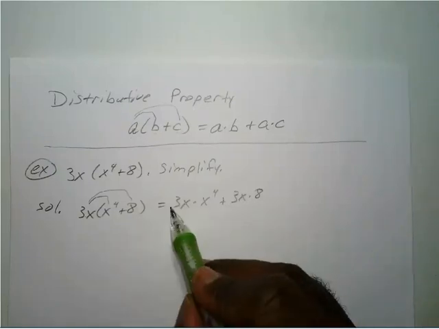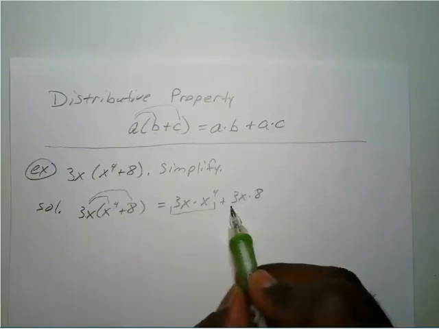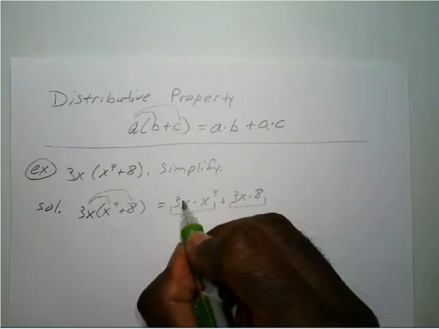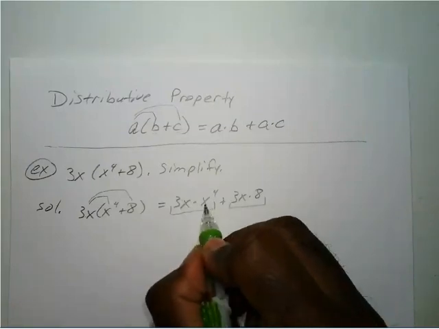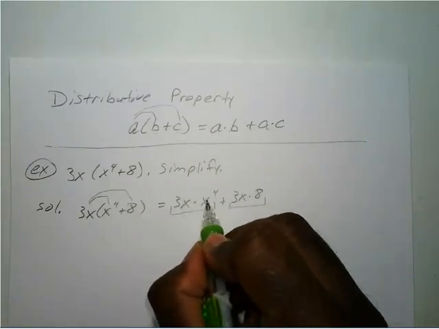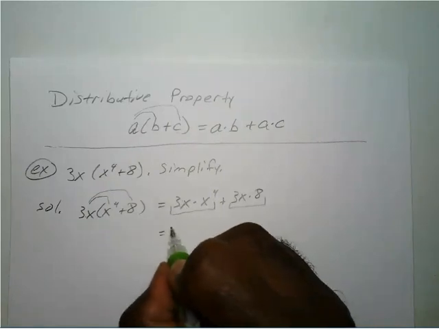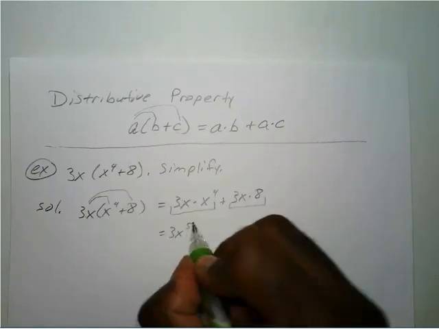Okay, so remember, you're just going to have each term that you're going to combine. So 3x times x to the 4th, x to the 4th times x to the 1st power is x to the 5th power. So that's 3x to the 5th power.